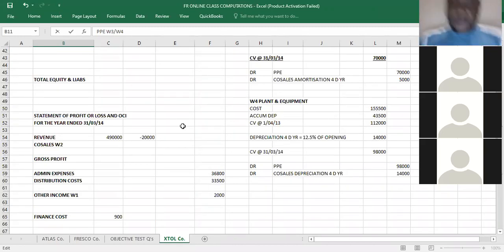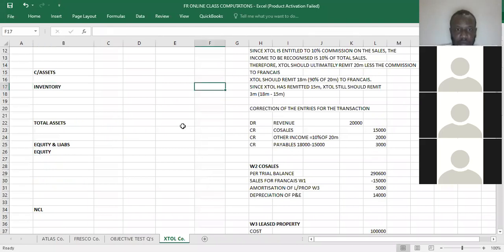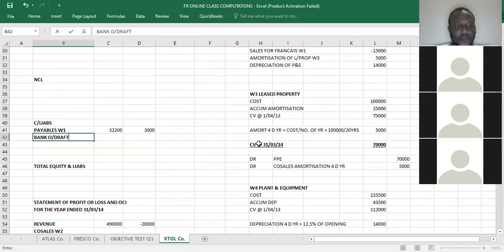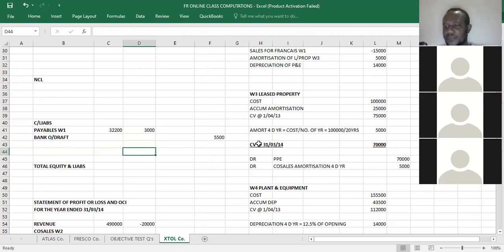Yeah, that's it. Receivables. Next. Payables. Next. 5,500. Equity, shares. Yes. So that's what happened. Workings.